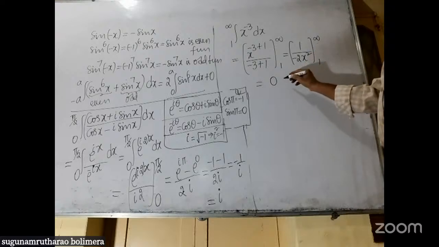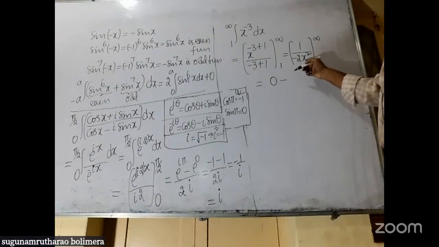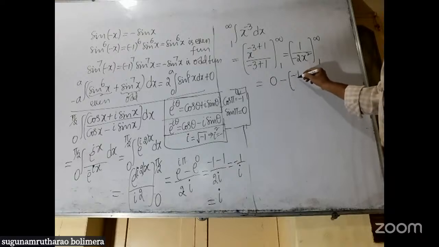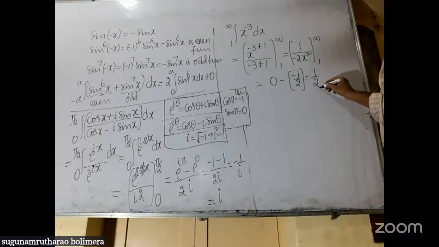The upper limit gives 0, and minus the lower limit at x equals 1 gives minus minus 1 by 2. So the answer is 1 by 2. If it is asked numerically, write 0.5.